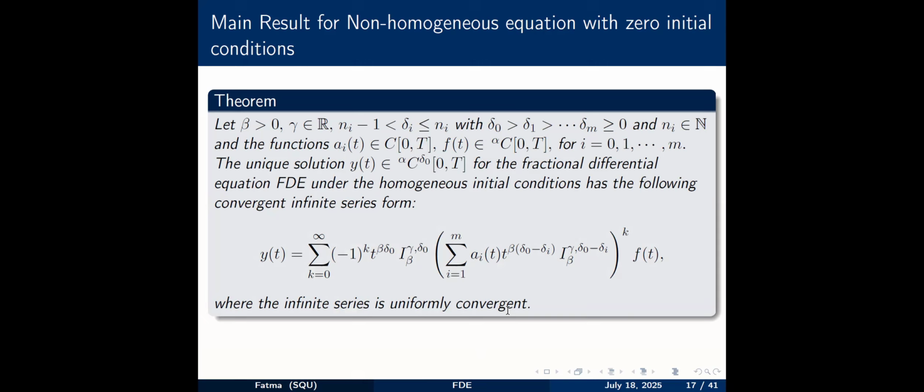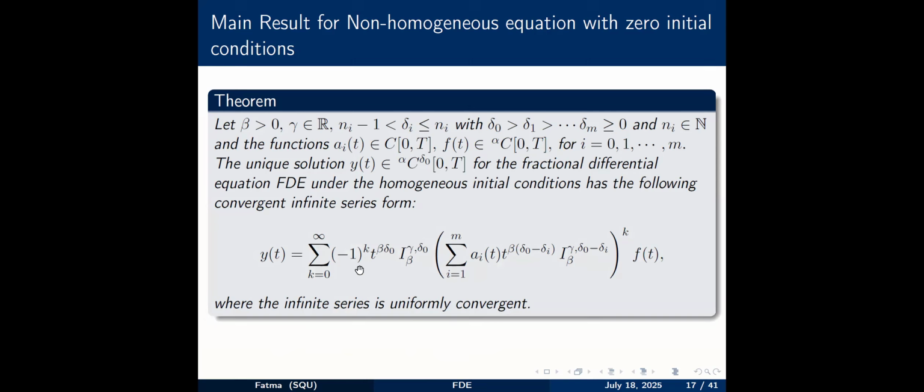Now for the second part, as I mentioned before, we are going to use the result of this theorem. How? Because for the second part, we are going to consider the homogeneous differential equation with general initial condition. So we are going to transform that equation to a non-homogeneous problem with 0 condition, and then we can use this result.